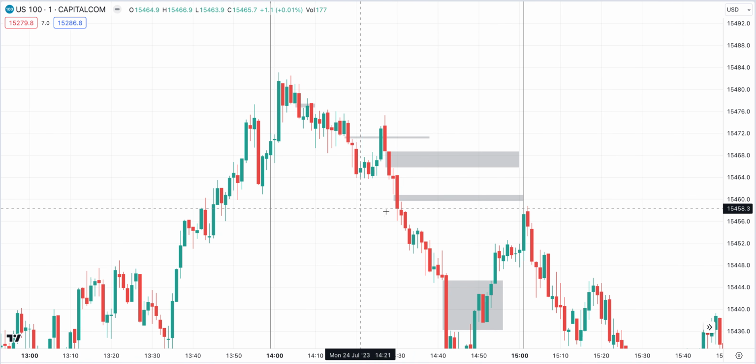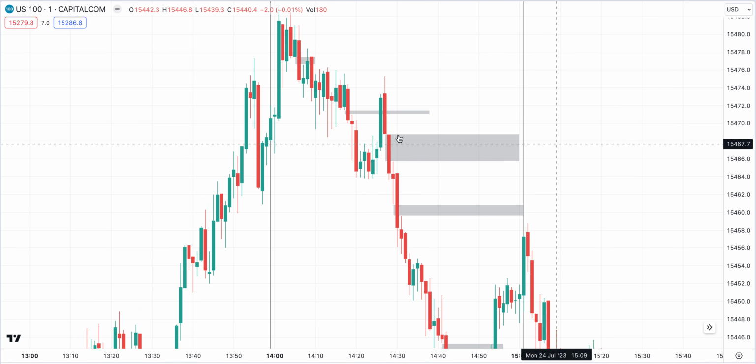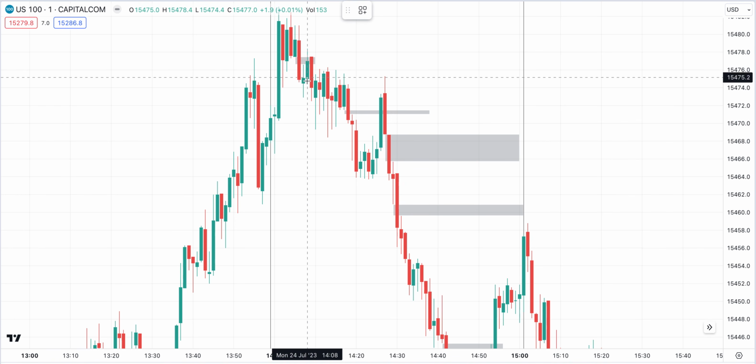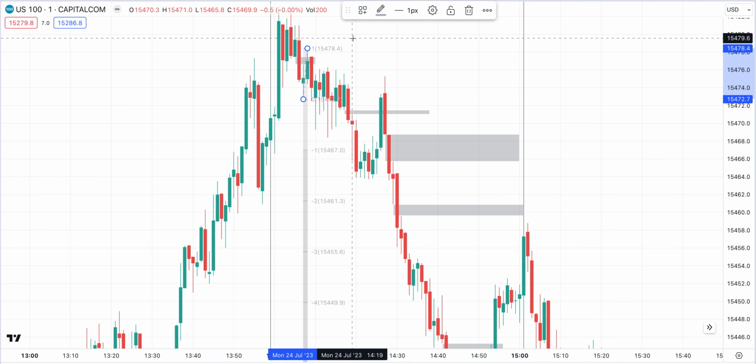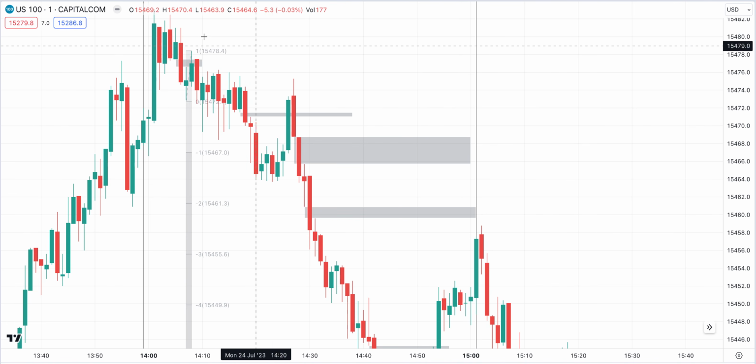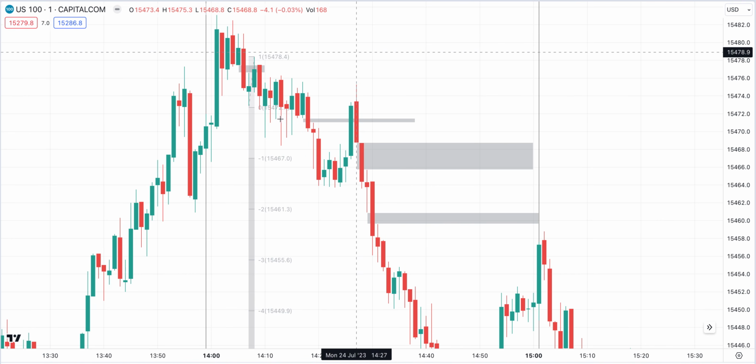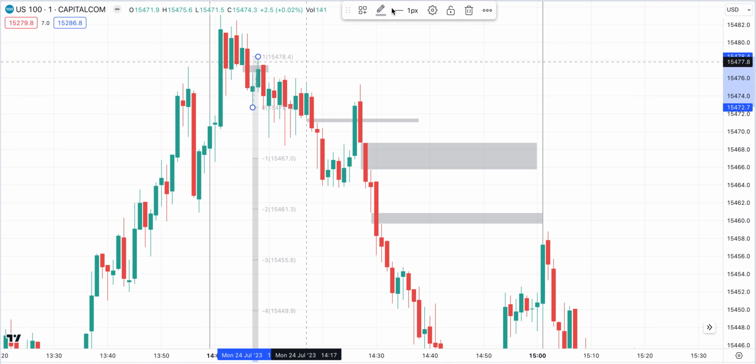Okay, now I'm actually going to create a template. Let's look at this one first. It hasn't taken out the high of this fair value gap, the candle that creates the fair value gap. Let's just do the settings.